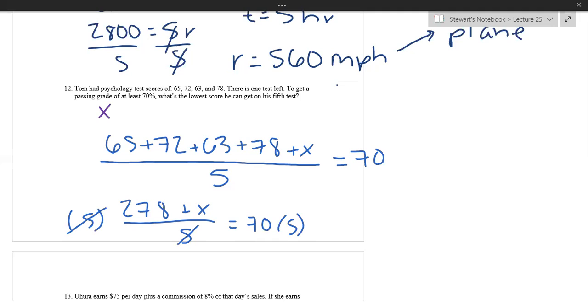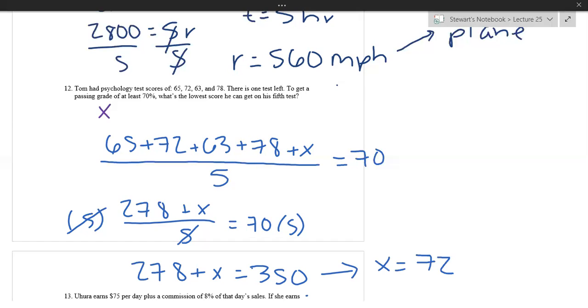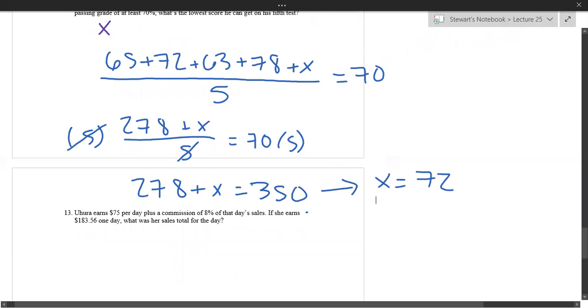So we have 278 plus X is equal to 350. Now we just have to subtract 278 from both sides, which would mean that X is 72. So that means that the lowest grade he can get on the 5th test to still pass the class is a 72%. So he can get a 72 or higher and pass the class.